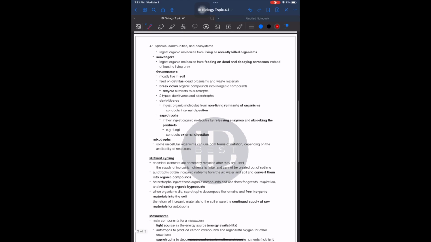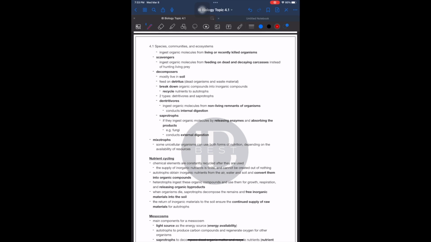So I sort of mentioned what we're going to talk about next, which is nutrient cycling. I talked about how decomposers would break down and recycle nutrients to the autotrophs. Basically, nutrient cycling is how the nutrients can be reused constantly from within the ecosystem itself.